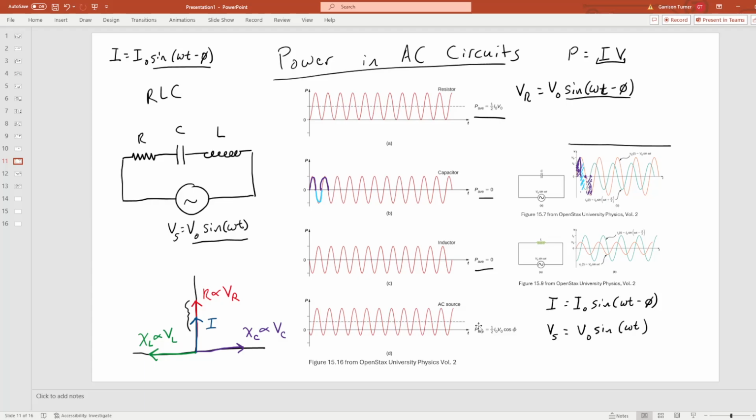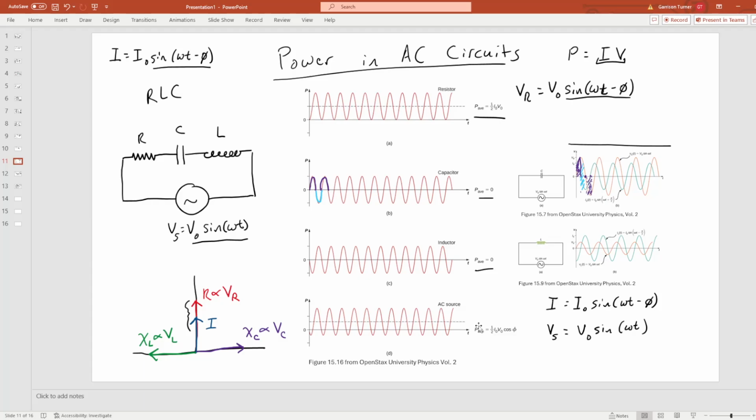And then, well, let me put it this way. Sometimes energy is being put into the systems, and sometimes they're releasing it. So their average power is zero, because in some cases the energy transfer is positive, and in the other cases the energy transfer is negative. And you put all of that together and you get the power from the source. 1/2 I naught V naught times the phase angle.